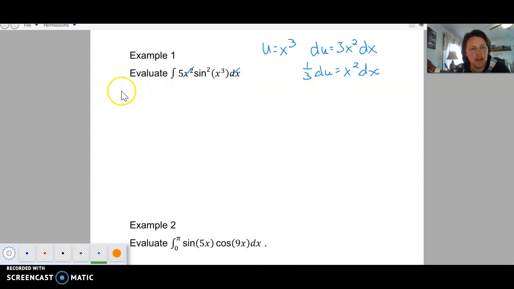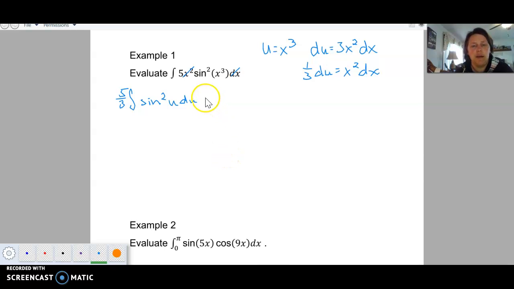So let's rewrite that now. I'm going to pull the 5 out as well. So now I have 5/3 times the integral of sine squared u. Yep. So that worked out just great. So now what we're going to do is we're going to go ahead and use that angle reduction formula for sine squared.